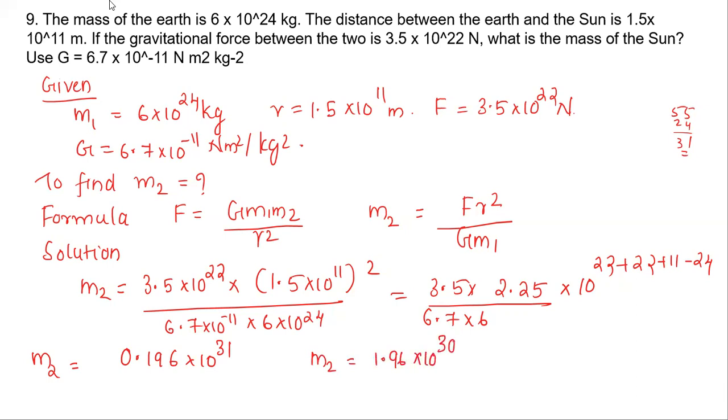The point has gone to the right side, so 31 will become 30. That is 1.96 into 10 raised to 30. Mass it is. Mass unit is kilogram. So we can write mass of Sun is 1.96 into 10 raised to 30.